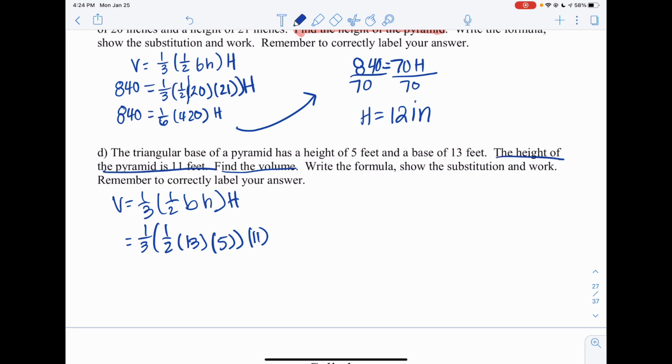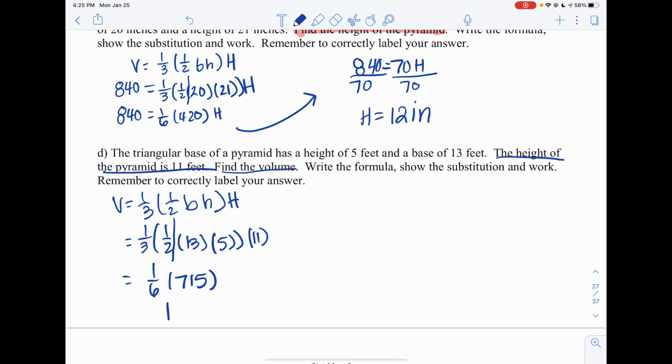Okay, now all I have to do is go ahead and finish simplifying. You can draw that line to separate your fractions and whole numbers. So I have 1/3 times 1/2 is going to give me that 1/6. And 13 times 5 times 11 gives me 715. Okay. When I multiply 1/6 times 715, my final answer is 119.17 cubic feet. All right.